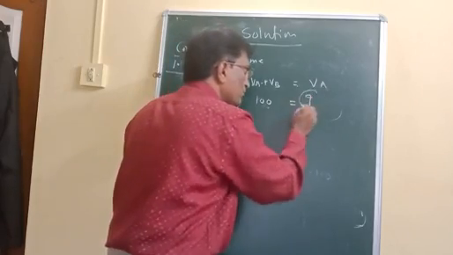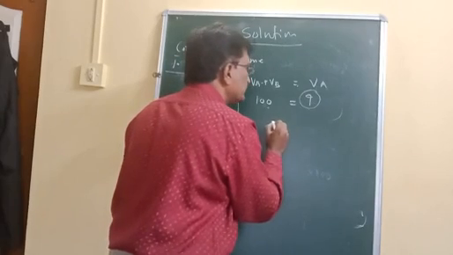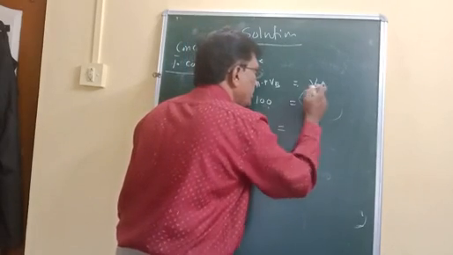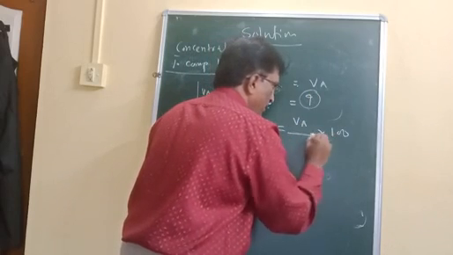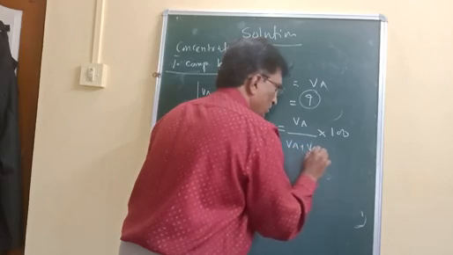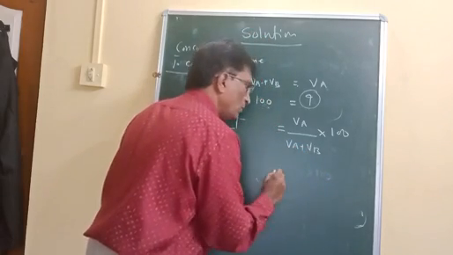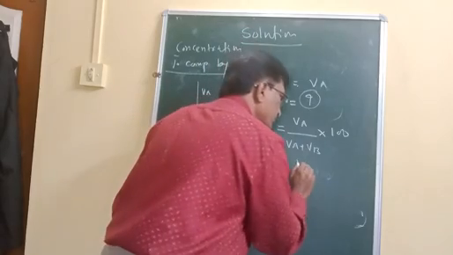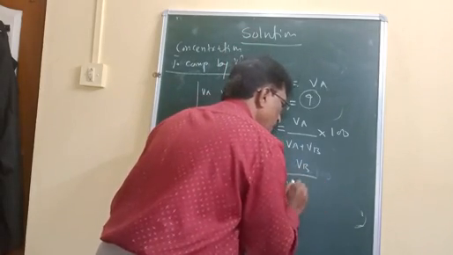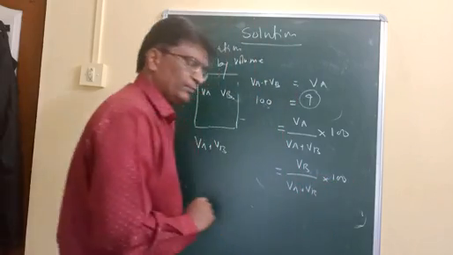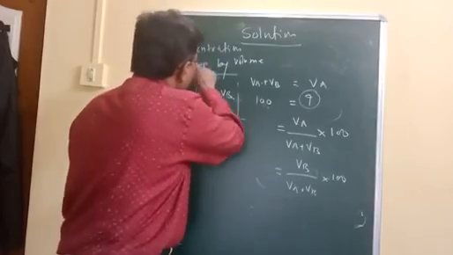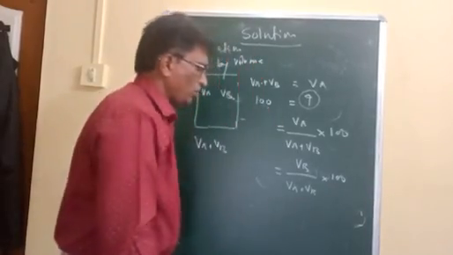And that question mark can be solved as 100 into VA, that is VA into 100 divided by VA plus VB, or the percentage composition of B, VB by VA plus VB into 100. This is about the percentage composition by volume.